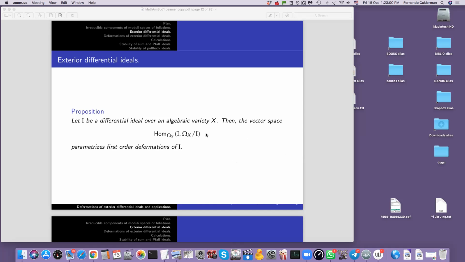The tangent space to an ideal in the Hilbert scheme is just Hom sub O of I into omega modulo I. And here we are taking Hom over omega, not omega sharp, because in our deformations, we want the integrability condition to be maintained. So it amounts to this Hom.